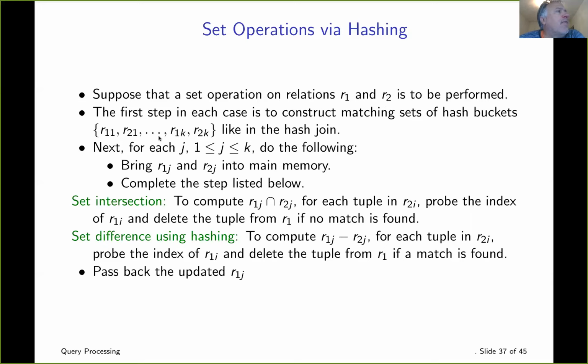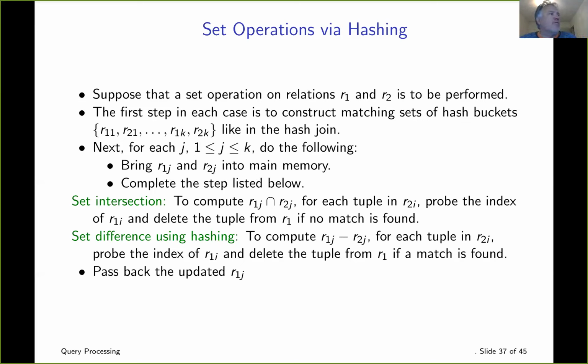These could get really, really big, so let's assume it doesn't fit in main memory. For up to K, we have 10 buckets. We bring in R1's bucket number 1 and R2's bucket number 1, so they're both brought into main memory.